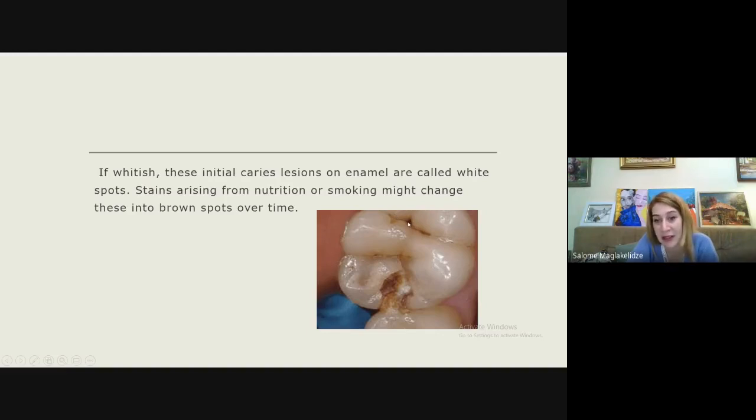It might be cavitated here, but here the structure is sound, and when you go over this tooth with the probe, you can see that it doesn't stick anywhere. That means this might be a brown spot lesion, and you also do an X-ray just to support your idea. And if you can't see any demineralization under this spot on X-ray, you are not doing this.